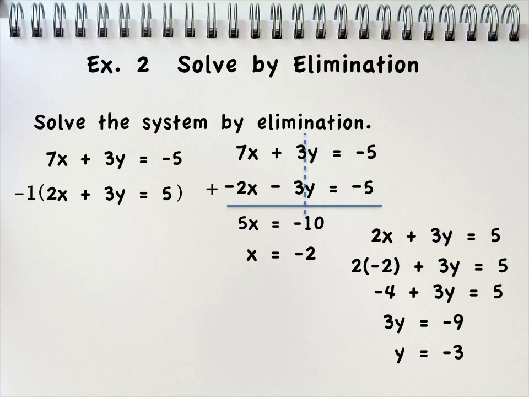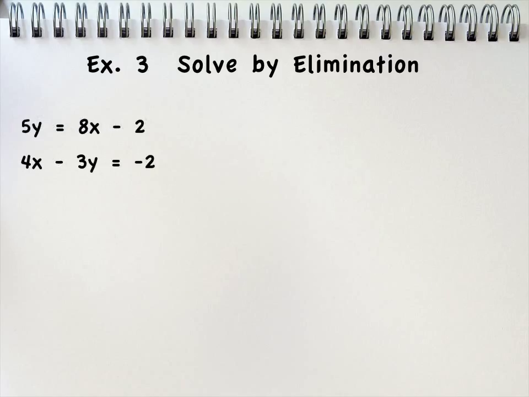So the solution to this system of equations is (-2, 3). And notice, in this case, both equations were in standard form. I decided to eliminate my y's. I multiplied my bottom equation, all three terms of my bottom equation, by -1. Let's look at the next example.